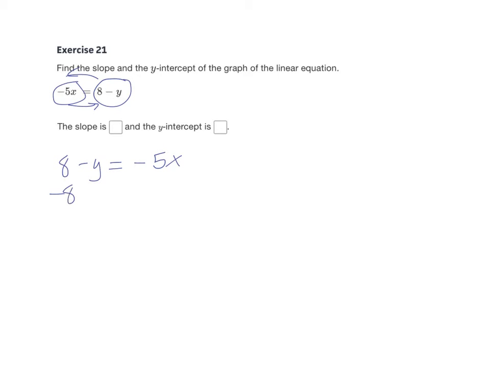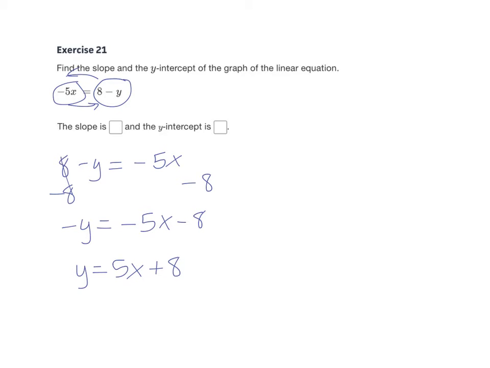You would minus 8. So -8, that's going to go at the end. So now I have -y is equal to -5x minus 8. And then to make that -y positive y, we're going to take the opposite of everything. That would be y equals 5x plus 8. So that's one way to do it.